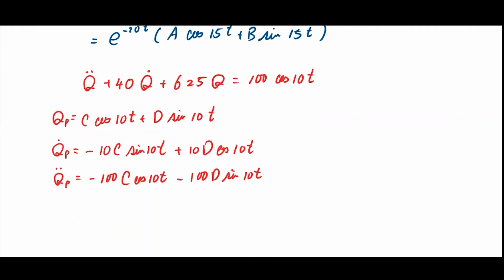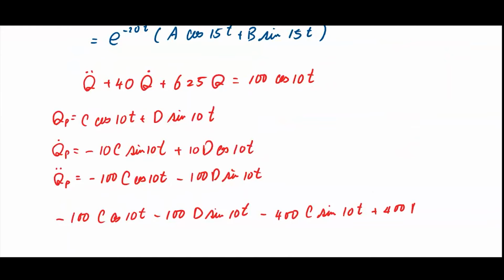So we have negative 100 c cosine 10t minus 100 d sine 10t, like that. Okay, minus, and then I have to multiply 40 to this. Good. So we have 400 c sine 10t plus 400 d cosine 10t.